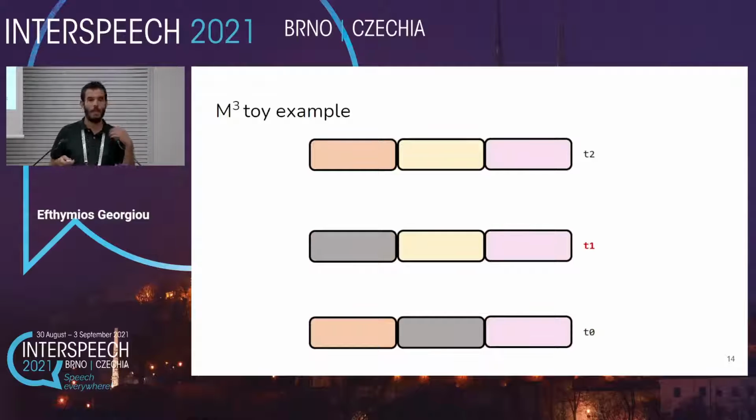At the second time step, it decides that it should mask a modality, and this time it masks the leftmost modality. At the final time step, it decides that no modality should be masked, and therefore for that time step all three modalities are available during the training process. This procedure is repeated for all time steps and for all the samples in our batch.